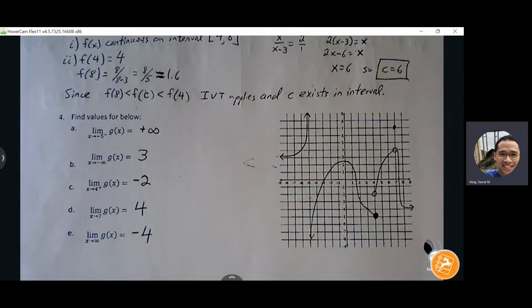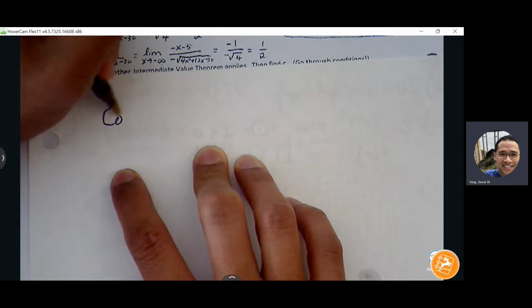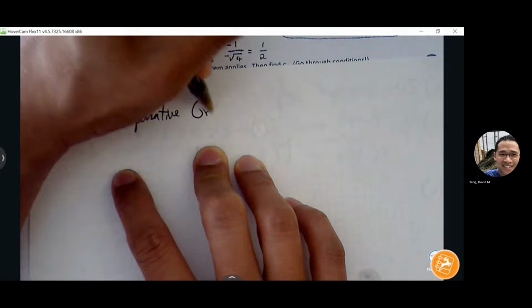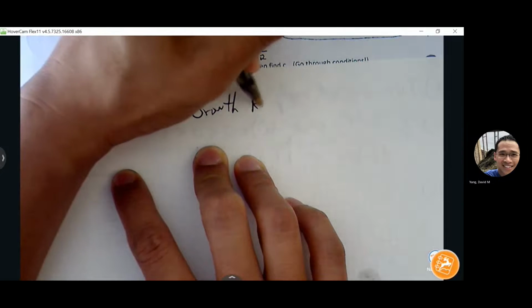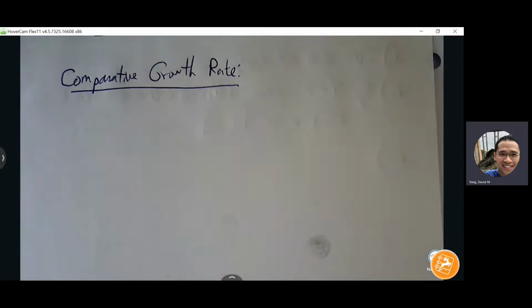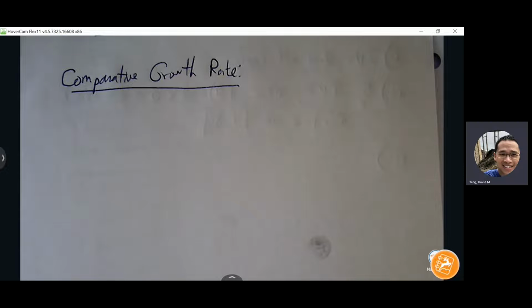Let me review comparative growth rates. We did this closer to the end of our notes. The idea here is that if I have a numerator and denominator, and its limit approaching infinity, if I have predictable functions above and below each other, then my limit is pretty quick.